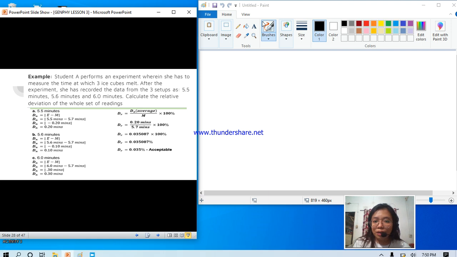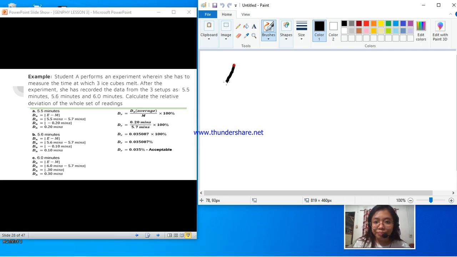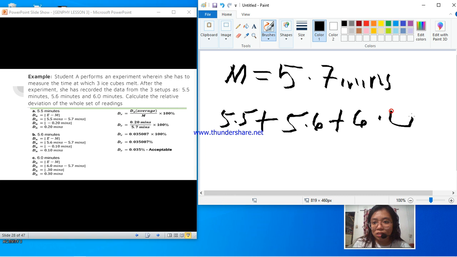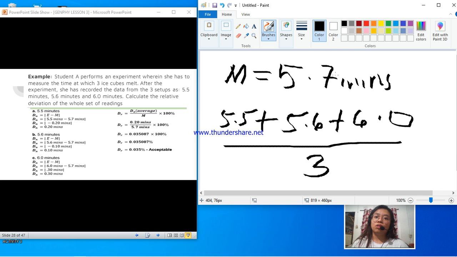That is the mean. You have to add 5.5 plus 5.6, which are given, plus 6.0, and then divide by how many they are, which is 3. That is equivalent to 5.7. That is the mean we use for all of them.